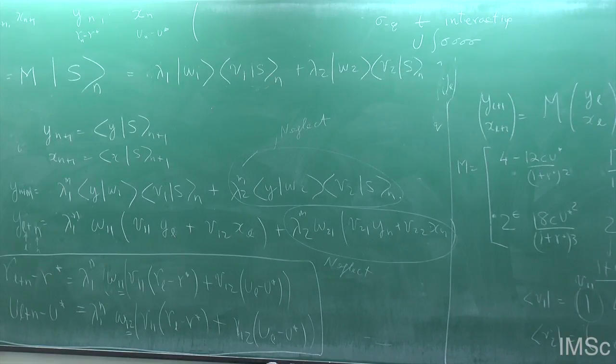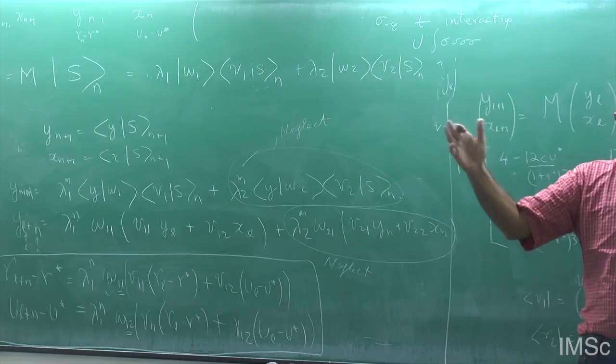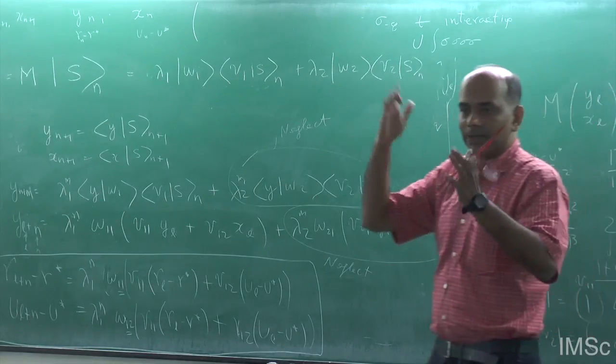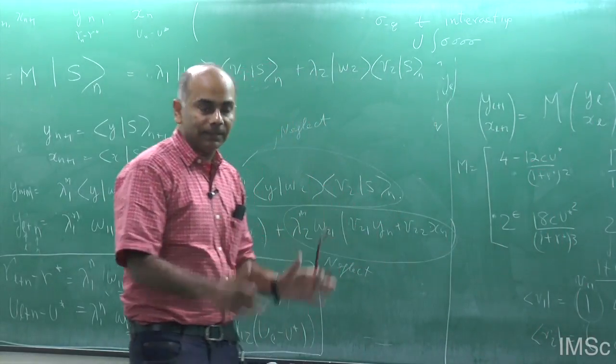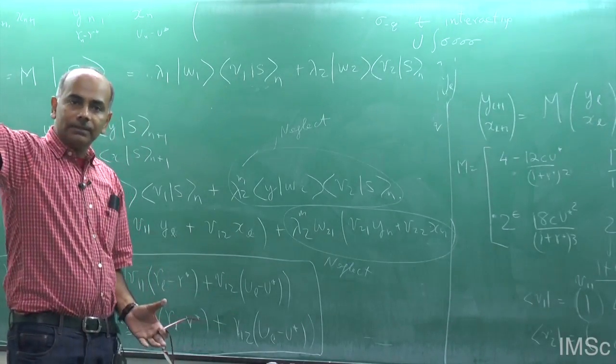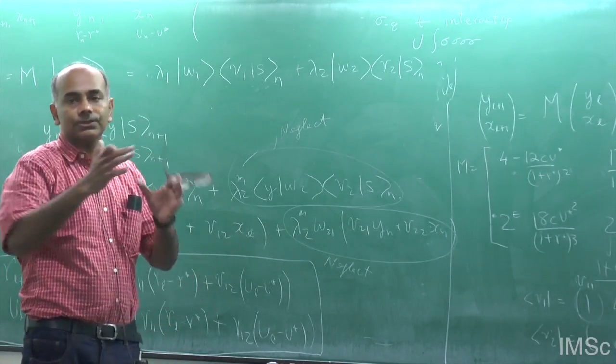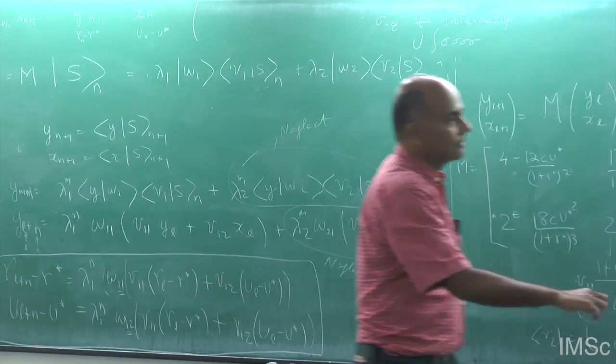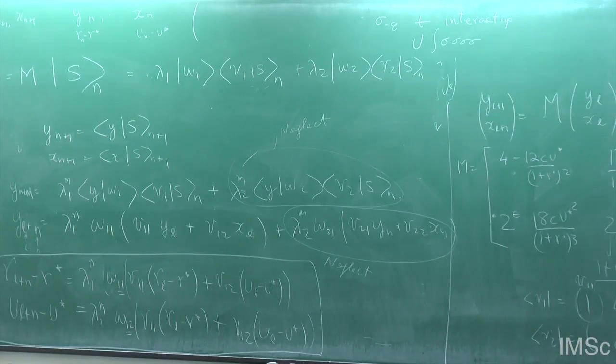You cannot, unless you're exactly at the critical point. So you should stop your iterations when you reach the correlation length. That's our starting assumption anyway. If the correlation length is infinite, you can keep going and you'll hit the fixed point. If it's finite, you should stop when you reach the correlation length. Otherwise, you won't get anything useful. Beyond that, if you keep iterating, you just go off.